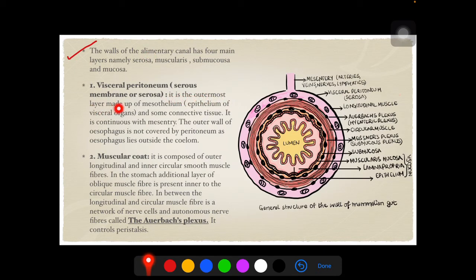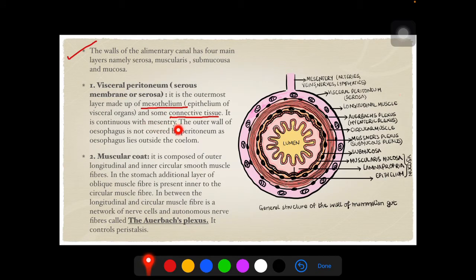It is the outermost layer and it is made up of mesothelium. Mesothelium is the epithelium of the visceral organs. So it is made up of mesothelium and some connective tissue. It is continuous with the mesentery.